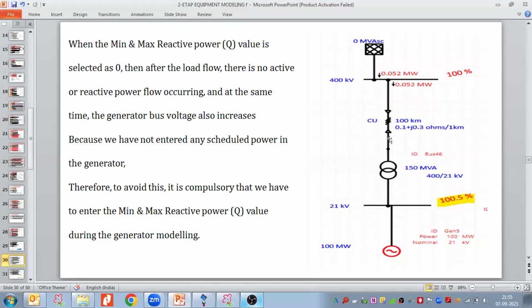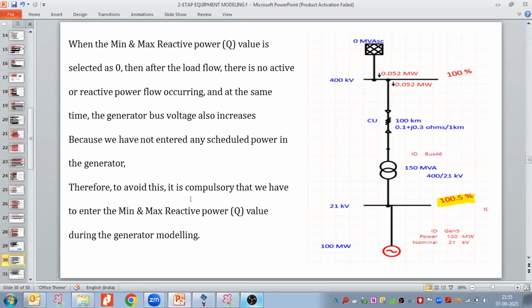And at the same time, the generator bus voltage also increases, because you can see 100.5%, it has increased by 0.5%. Bus voltage also increases because we have not entered any scheduled power in the generator.